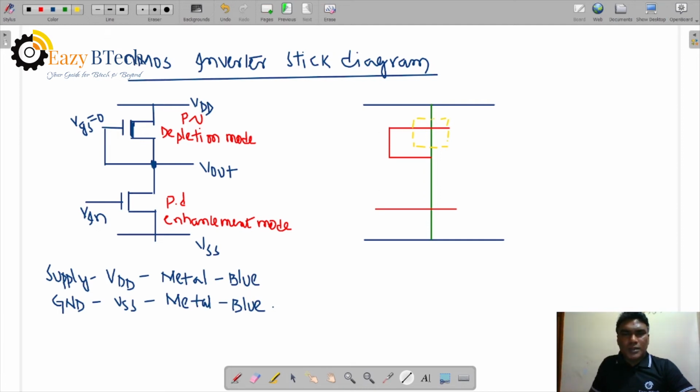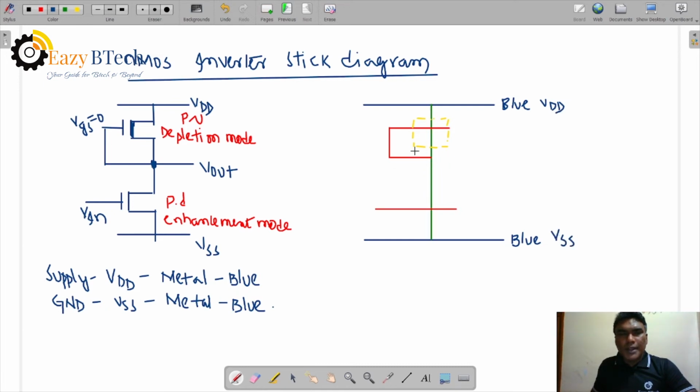So let us see this one. The supply voltage is VDD, a metal representation, and we can say it is blue. Here also blue, for VDD and VSS.